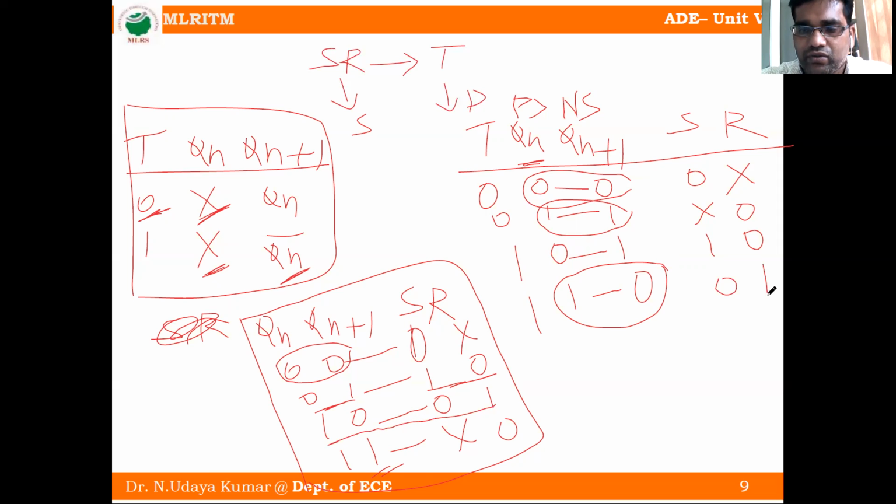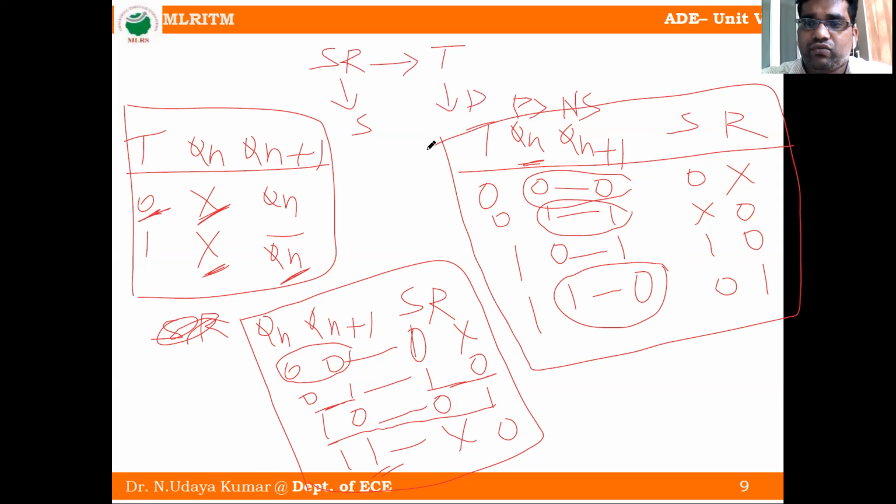So this is the extended truth table. From this, we will find the expression for S and R. S is a two variable function. So this is T, this is Qn, 0, 1, 0, 1.